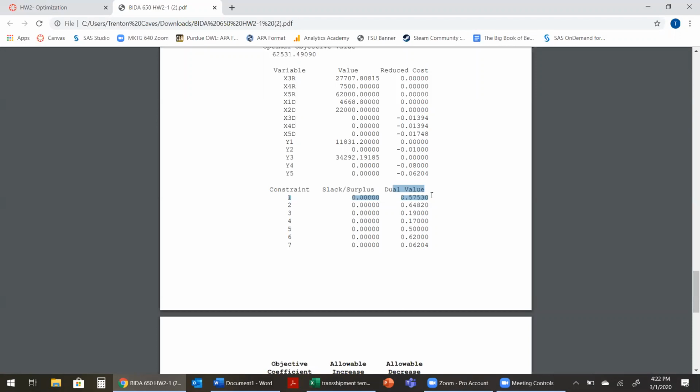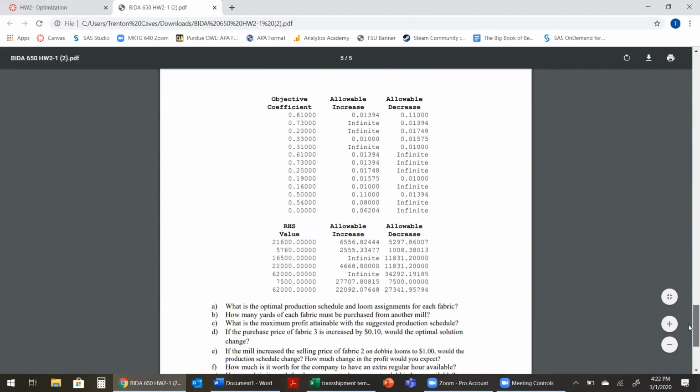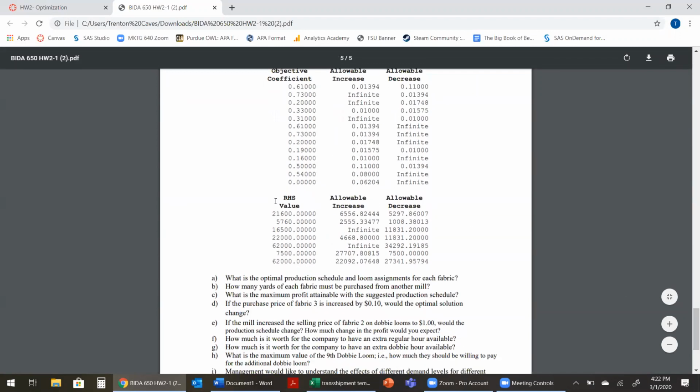Then discuss the range of feasibility and the value of extra demand for each fabric. So we're looking at the range of feasibility for our fabrics, which is the second group.